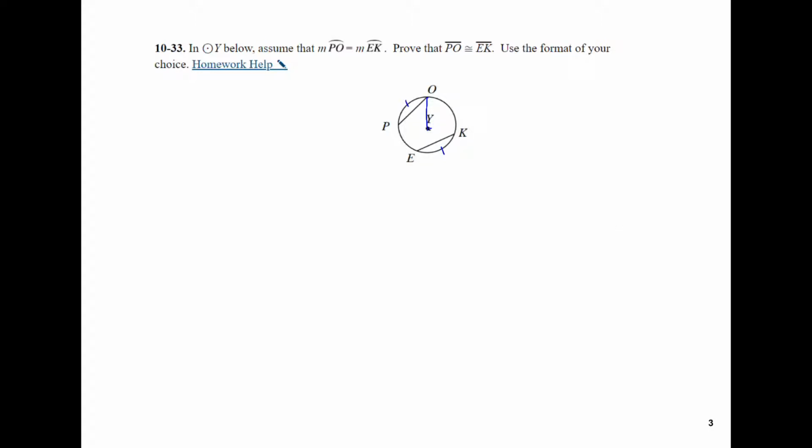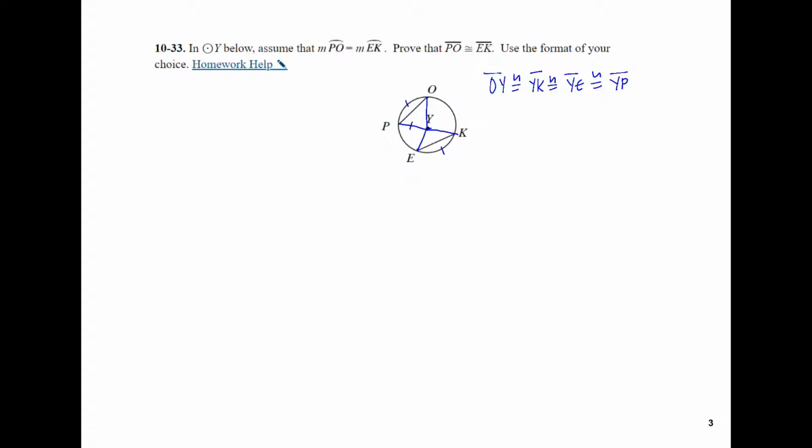OY is congruent to YK, which is congruent to YE, which is congruent to YP.